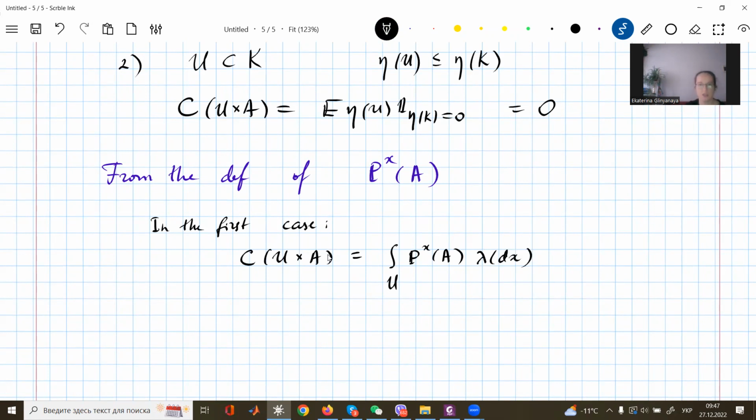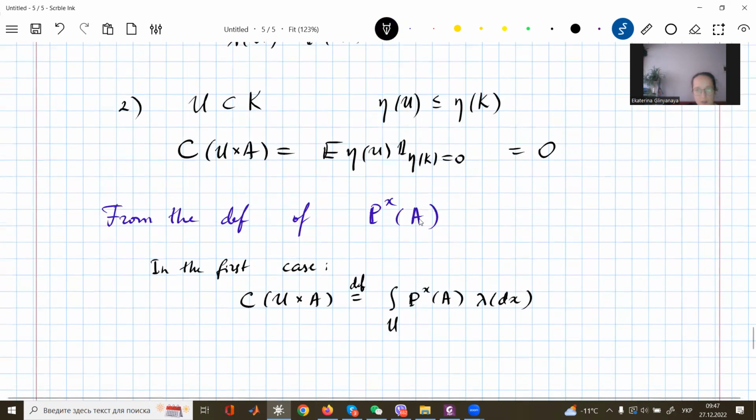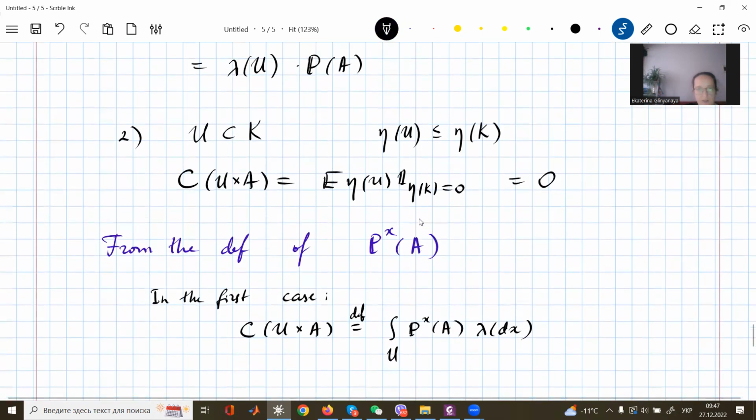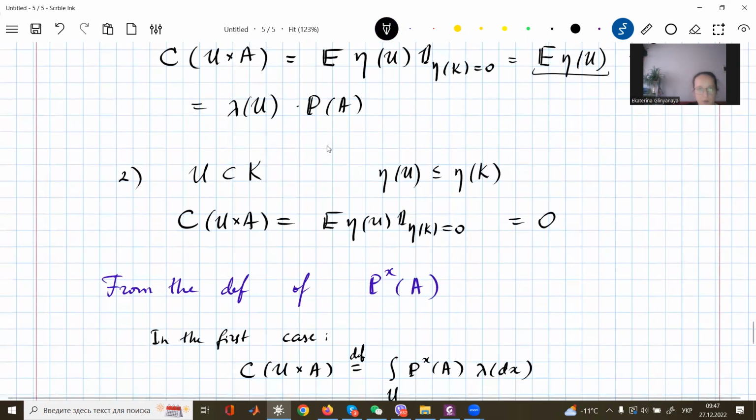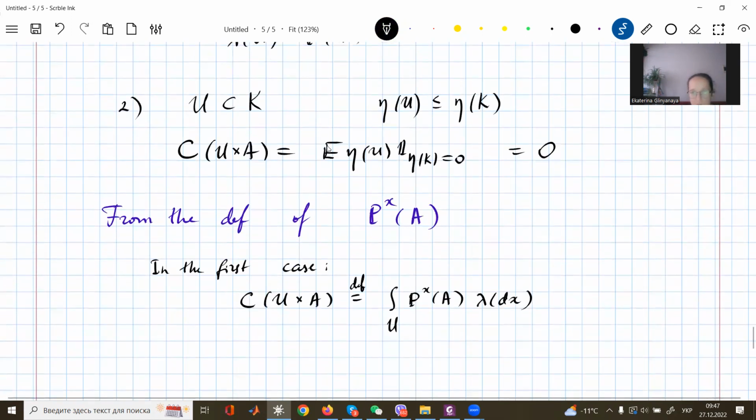Yes, and this is by the definition of P_x, the probability x, and in the first case we have this, so that this is equal to lambda of U times the probability of A.